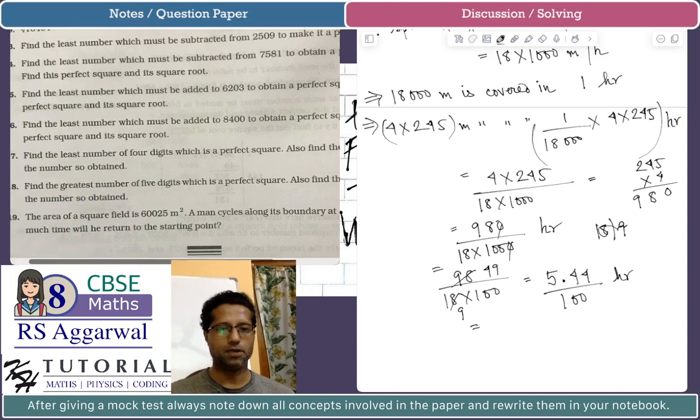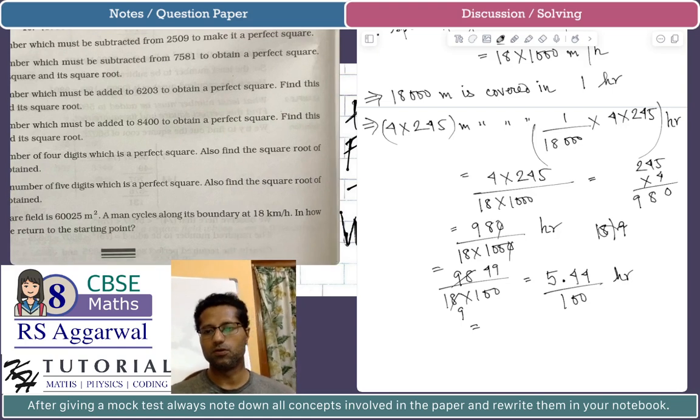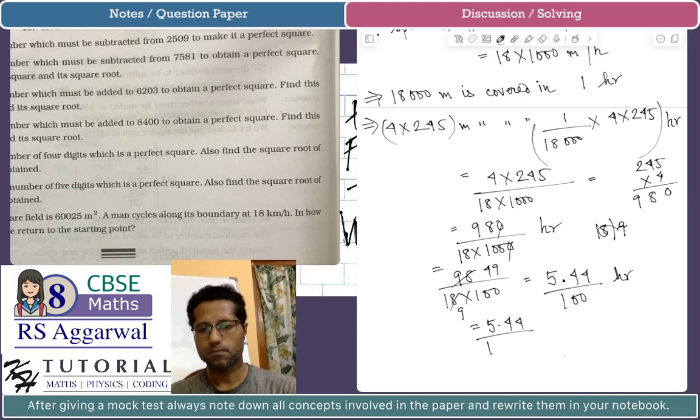Now, in how much time will he return to the starting point? This is in hour. If we convert this into seconds, 1 hour is equal to 3600 seconds.